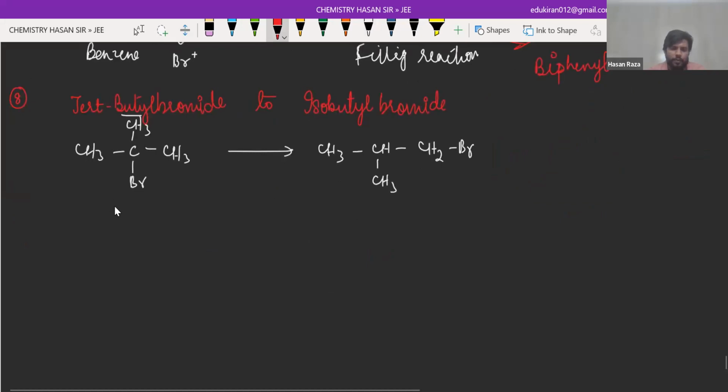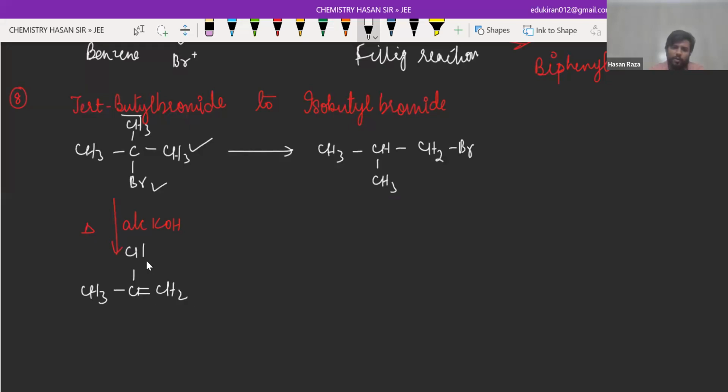It's very simple. First, you are going to react this with alcoholic KOH. That means dehydrohalogenation will take place, beta elimination will take place. Br is removed from here, hydrogen from here. Anywhere you can remove. So this becomes C double bond CH2, and CH3 was there.